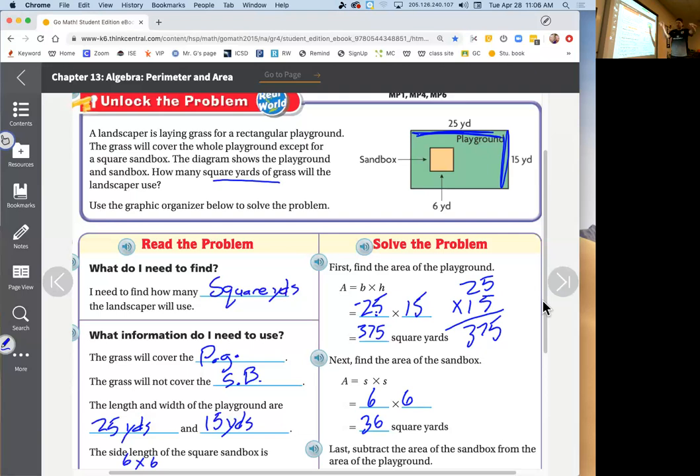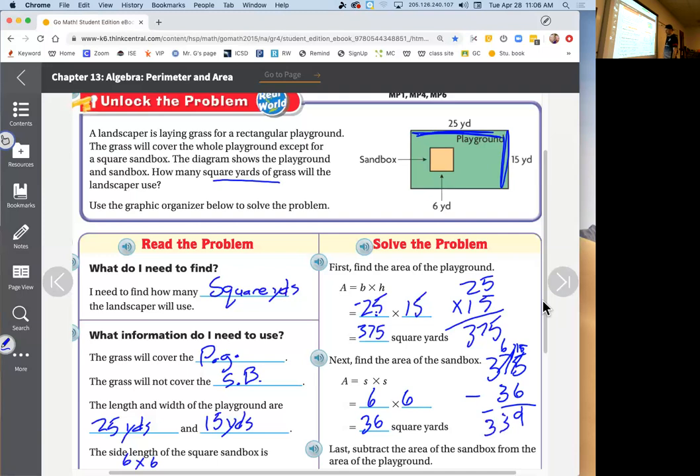But we don't want the sandbox. That's not going to get grass. So we just take our 375 and subtract 36. We can't do 5 minus 6, so we have to borrow from the 7. 7 tens becomes 6 tens. So now we have 15 ones. 15 minus 6 is 9 ones. And 6 minus 3 is 3.